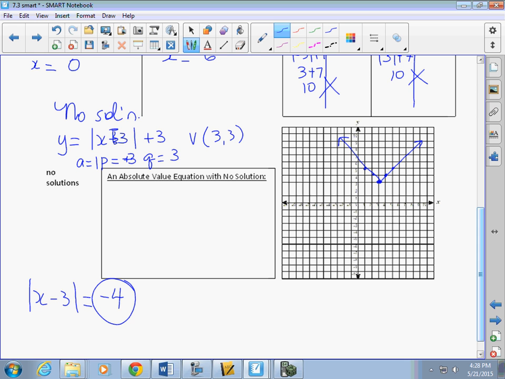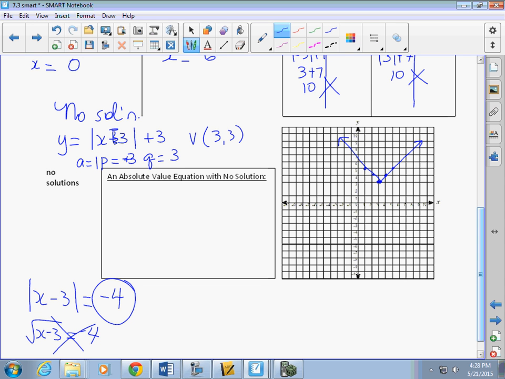This here is a hint that you're not going to have a solution. That's no different than if we had done the square root. If you remember from last unit, this had no solution because you can never have a square root equal a negative number.